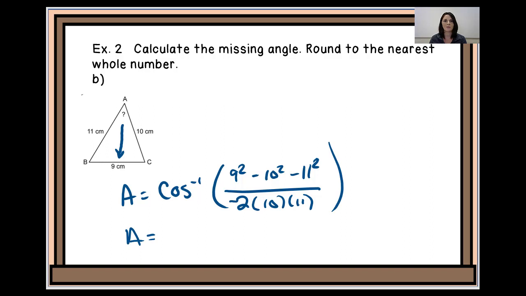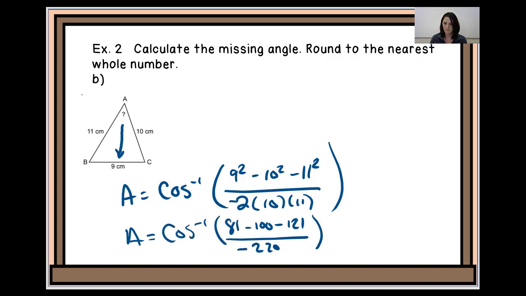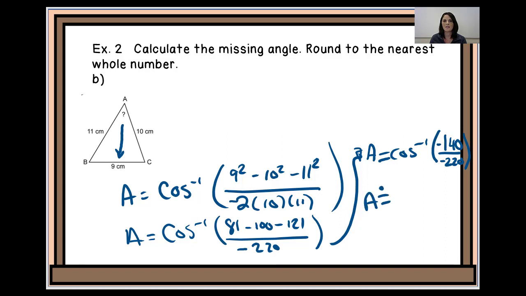Okay, let's go ahead and simplify and solve for A. Simplifying inside the bracket, we have A is equal to cosine inverse of negative 140 divided by negative 220. And simplifying further, A is equal to approximately 50 degrees. Okay, next example.